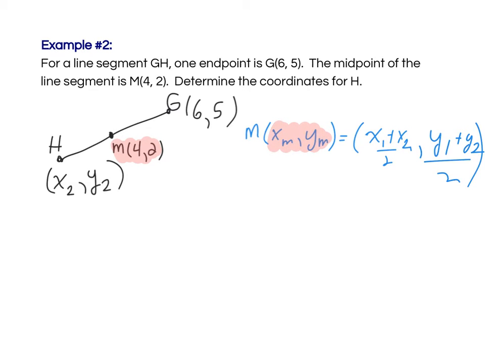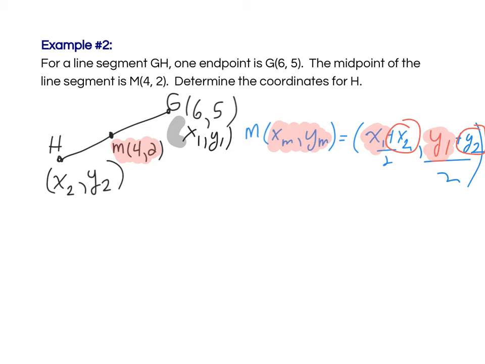And I have one of my endpoints, which I could think of as x1, y1. So I have that information. So I have this and I have this, right? But what do I not have? Well, I'm looking for this guy and this guy.